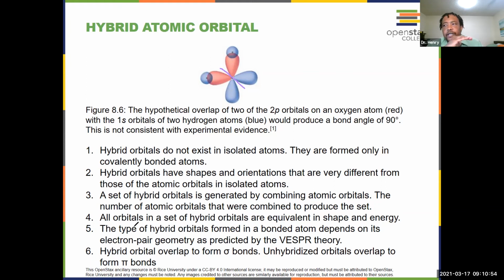All of the hybrid orbitals are going to be equal in shape and in energy, so they look exactly the same in shape and energy. The other thing is that hybrid orbitals overlap to form only sigma bonds. They're not going to form pi bonds. Unhybridized orbitals overlap to form pi bonds.